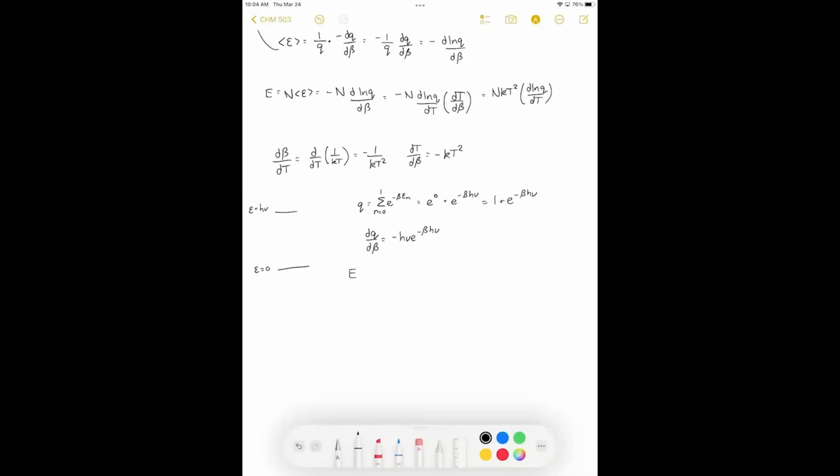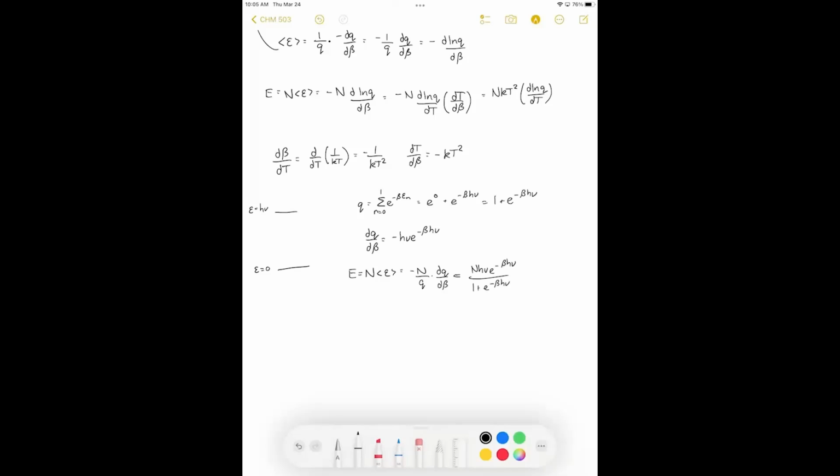So the total energy is equal to the number of particles times the average energy, which is then equal to negative n over q times dq d beta. And so in this case, we have n h nu e to the minus beta h nu over q, which is 1 plus e to the minus beta h nu.